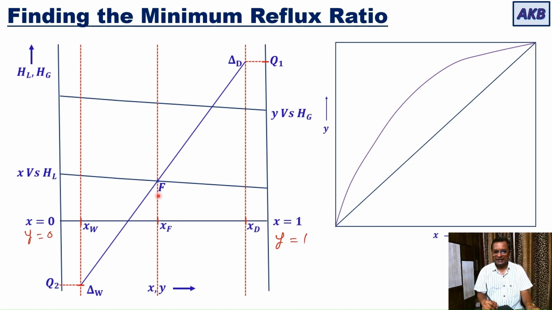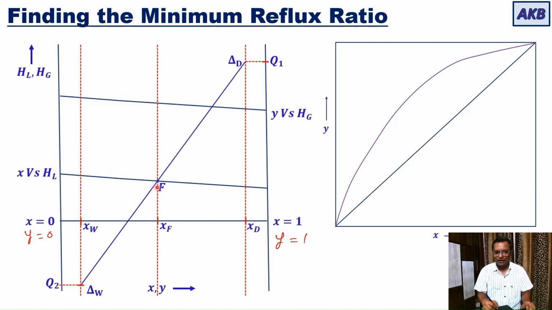So such a tie line that passes through point F, if you could draw and extend the tie line to the vertical lines through XD and then XW, we will be getting delta Dm and delta Wm. So for that, we need to draw a tie line that passes through XF, or a tie line whose end on the lower curve is at point F.